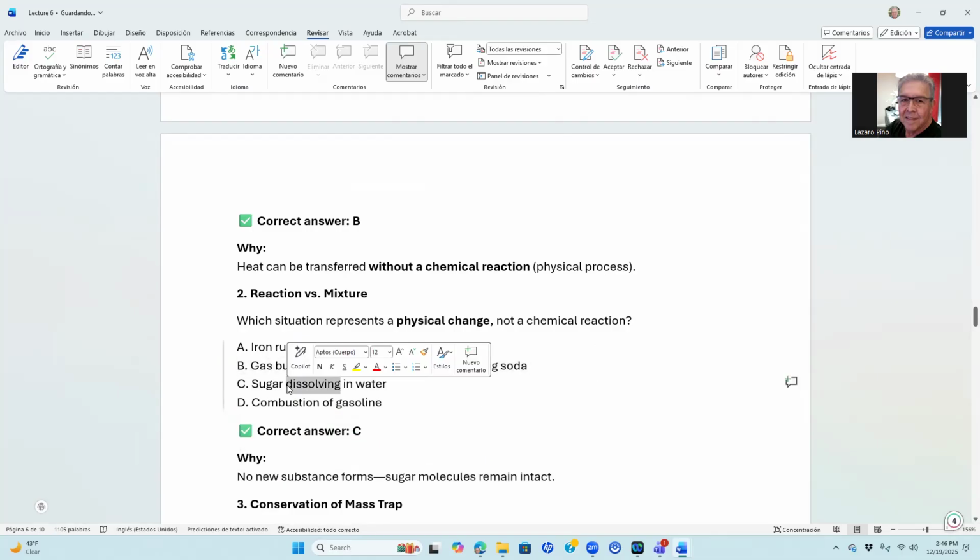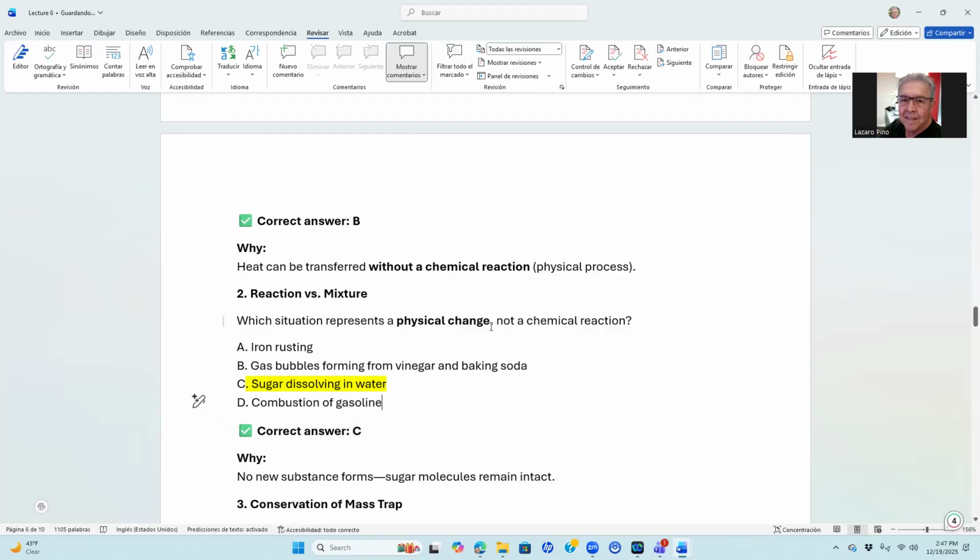Because there is no change in the type of substance during the process of dissolving a solid into a liquid, this is the answer. Combustion of gasoline. Oh yeah, it produces new substances. So this is a chemical reaction.